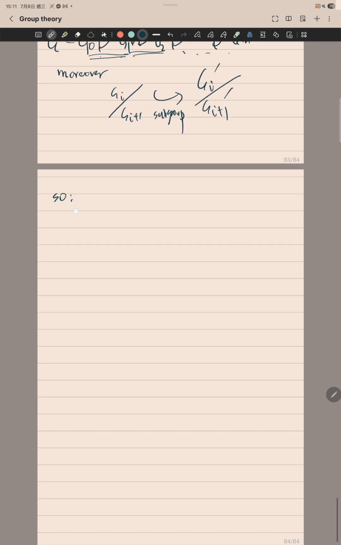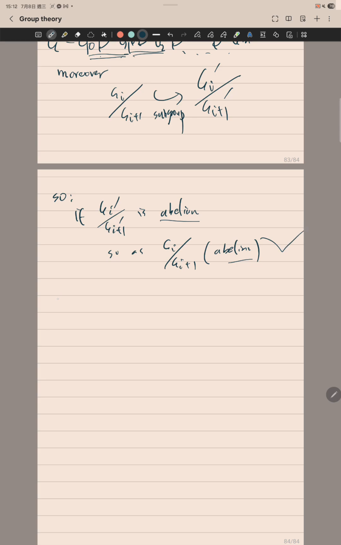So if G_i prime divided by G_{i+1} prime is Abelian, so is G_i divided by G_{i+1}. This is trivial, because a subgroup of an Abelian group is Abelian: Abelian means every element commutes, so if you take only a subset, it definitely commutes.